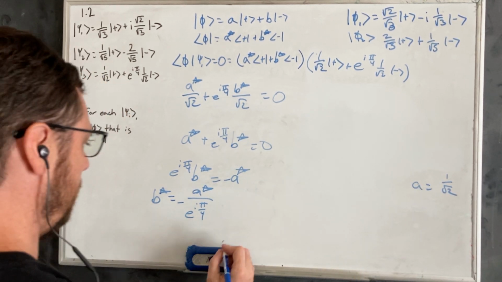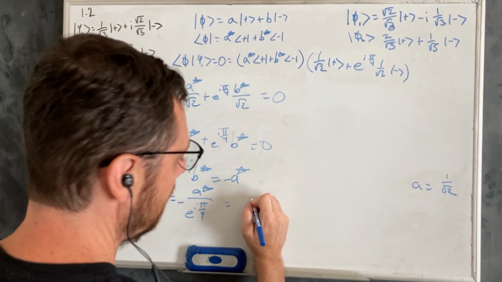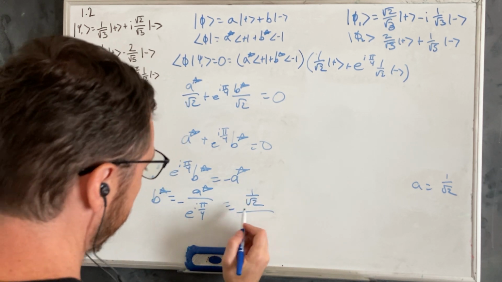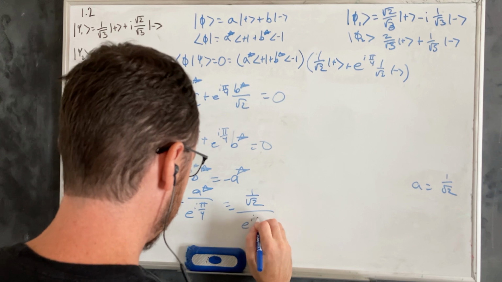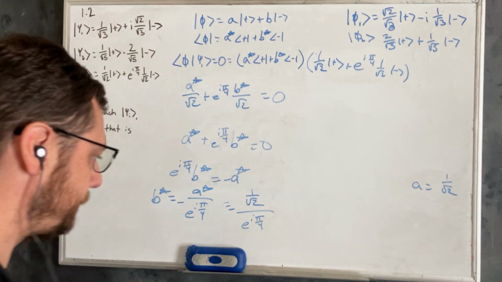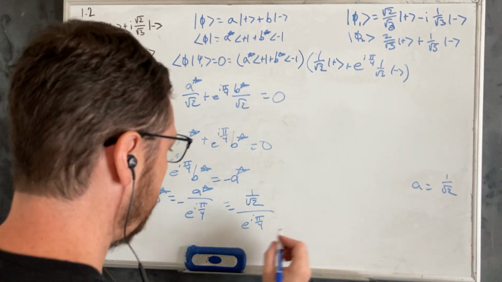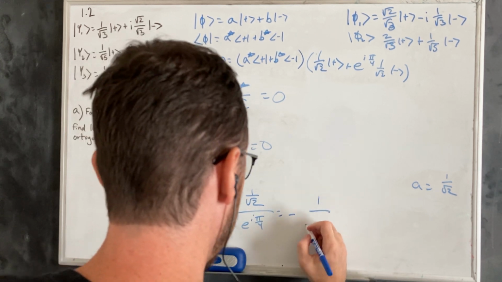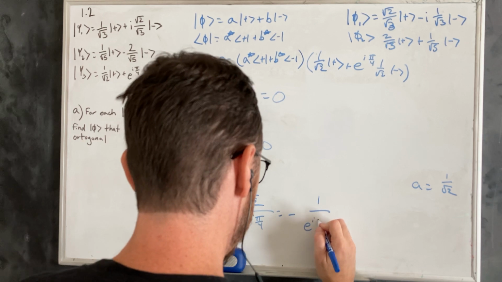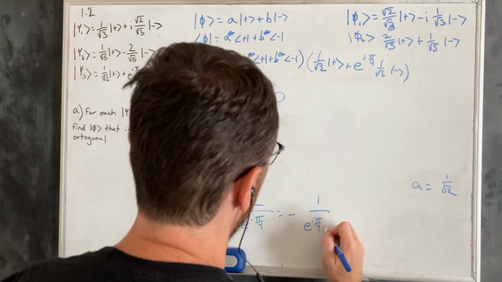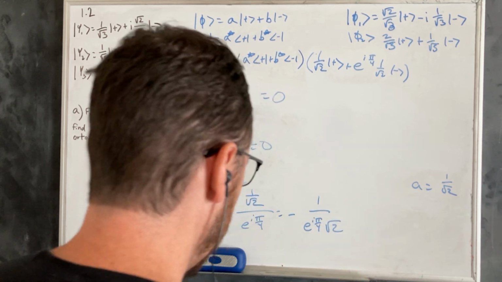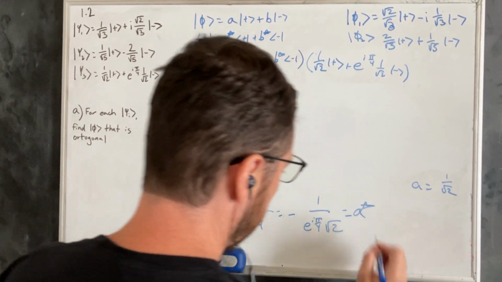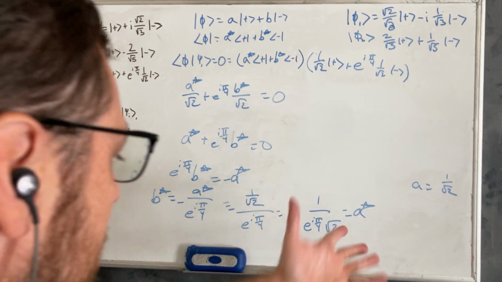it's still 1 over root 2. So then that's going to be 1 over root 2 over, this is all negative, e to the I pi over 4. Okay, so then we're going to have that be equal to 1 over e to the I pi over 4 root 2. And this is going to be our a star. So again, this is our a star. So in order to get our a, we complex conjugate this.